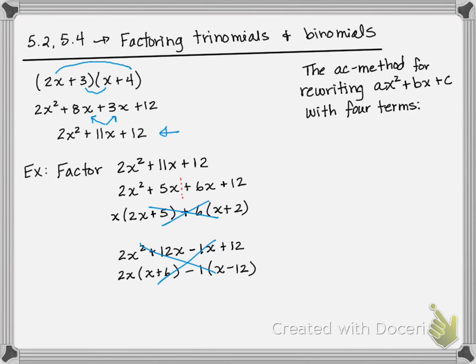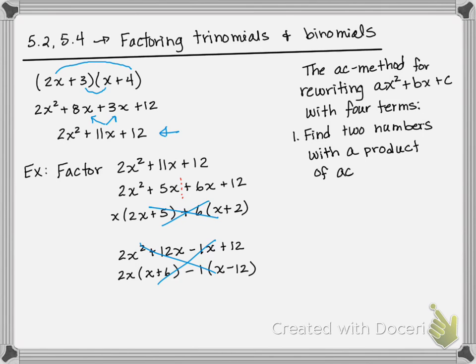So the way that we're going to do this is we are going to find 2 numbers with a product of AC.